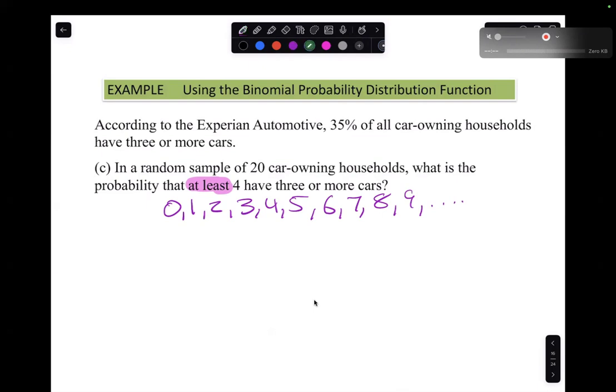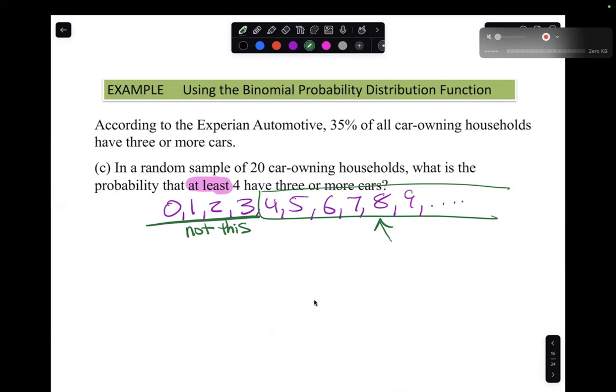So at least 4. At least 4 means these, right? I want to know the probability of one of those being true, which means I want the probability of not this. So if I'm looking for 4 or more, I'm looking for not 0, 1, 2, or 3.